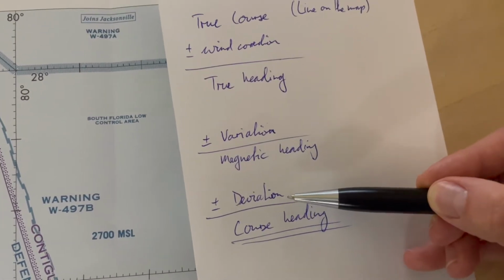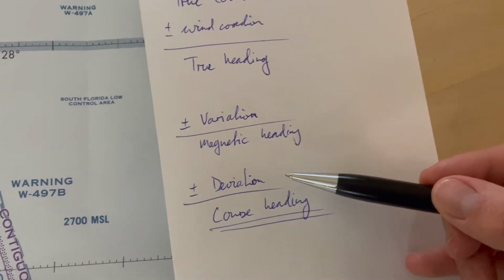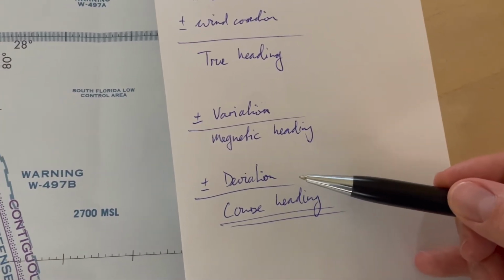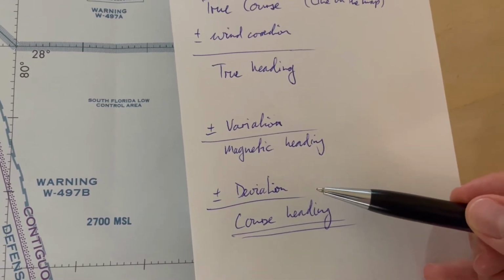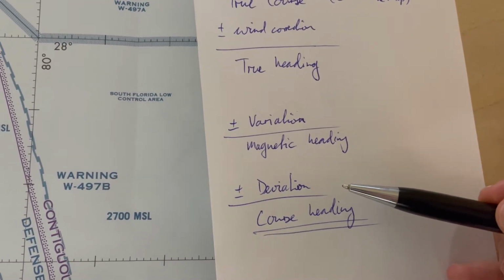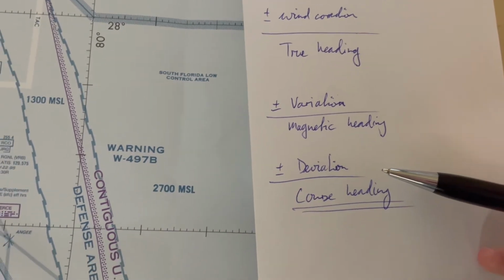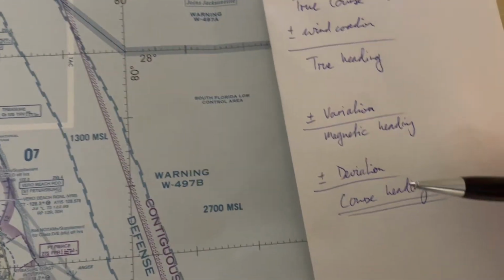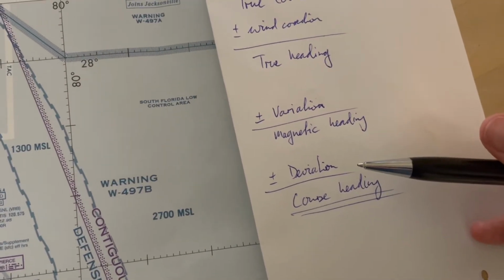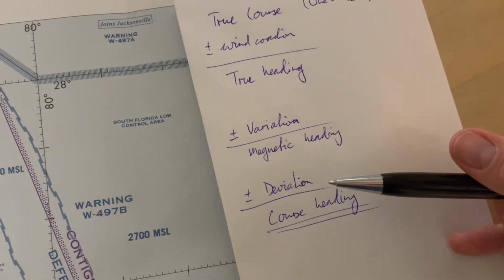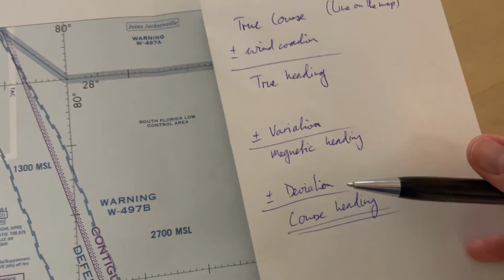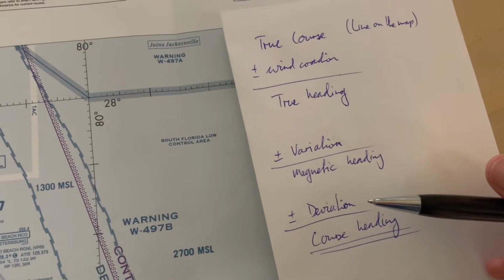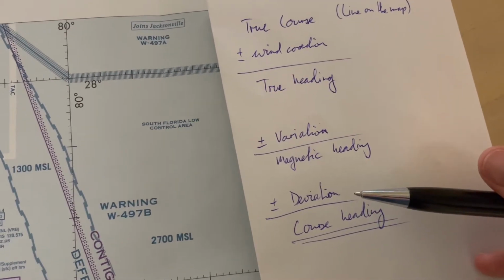And now we need to consider the deviation based on the aircraft. We need to consider that the aircraft has some interference with our compass, and each aircraft has a different deviation. That means this is all being measured and then ultimately displayed in the aircraft.